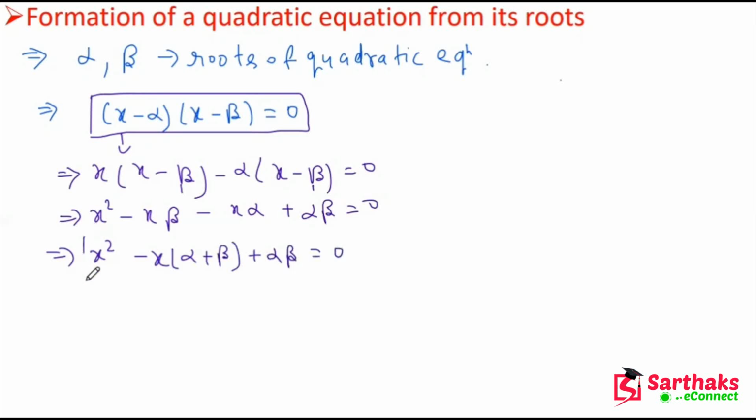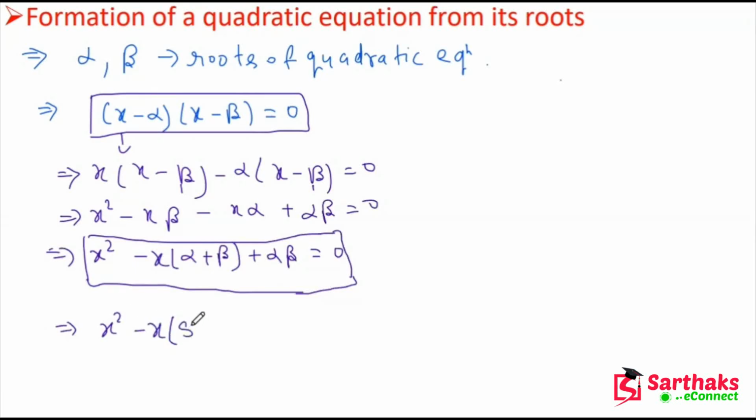So we can find a quadratic equation with the help of the sum of roots and product of roots: x square minus x into sum of roots plus product of roots is equal to 0. I hope you get this point.